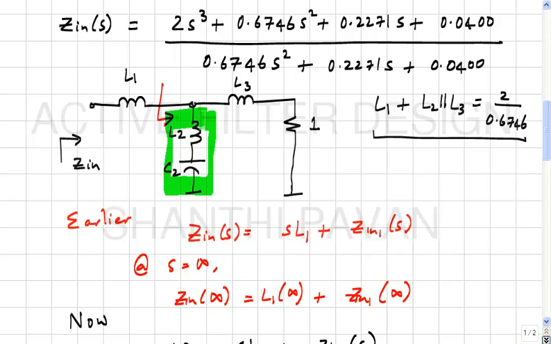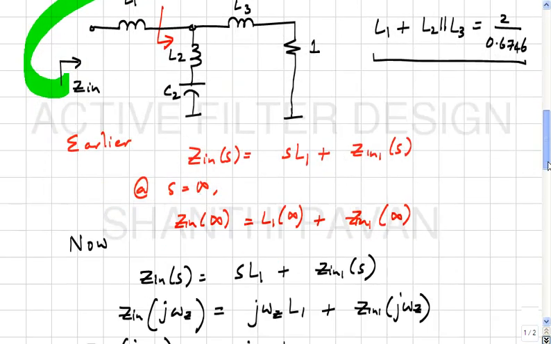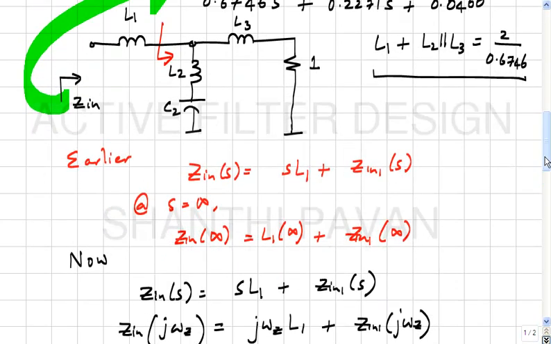So, we choose this example. Zin is given by this expression, correct, and the job now is to figure out L1, L2, C2 and L3 such that Zin becomes equal to this. Okay. This is where we wound up last time, and there is nothing new here.